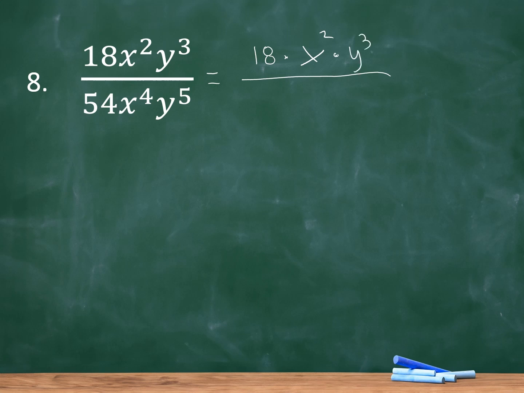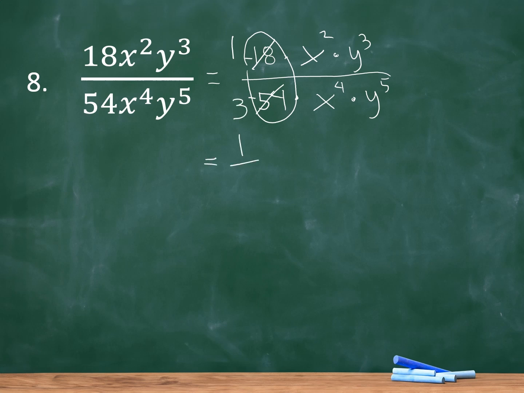And we can think of the denominator as 54 times x to the power of 4 times y to the power of 5. So 18 over 54. What we can do here is we can reduce this to lowest term. You think of a number that can divide 18 and 54. So we can use the number 18. 18 divided by 18 is 1, and 54 divided by 18 is 3.